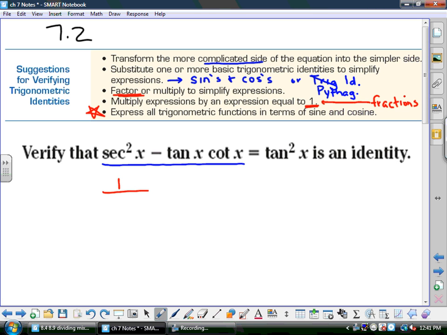Secant squared x is the same as 1 over cosine squared x. Tangent is the same as sine over cosine. And cotangent is the same as cosine over sine.